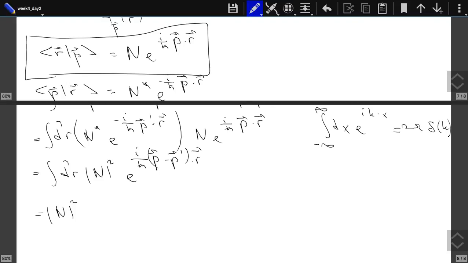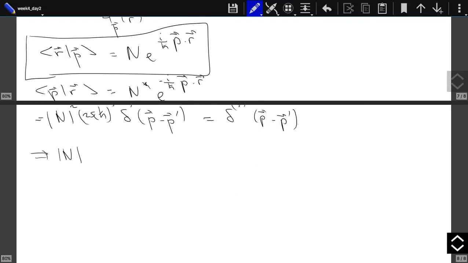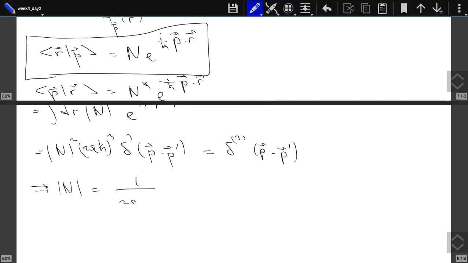Here, instead of k, I have the difference in p over h bar, and I have three integrals, three position integrals, so it is 2 pi h bar cubed times the three-dimensional Dirac delta of p minus p'. And this should be equal to Dirac delta cubed of p minus p'. And so this tells me that the magnitude of N should be equal to 1 over 2 pi h bar to the power 3 halves.